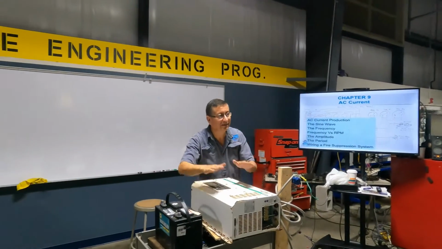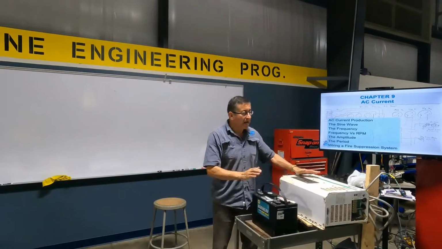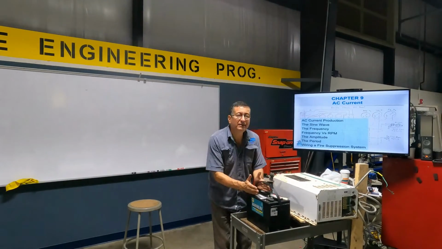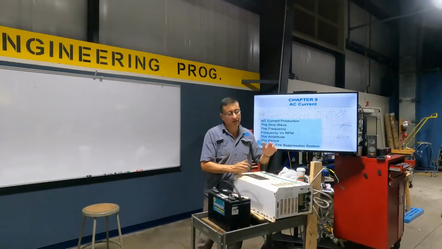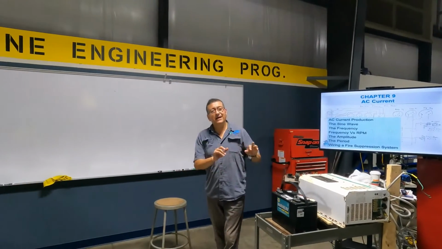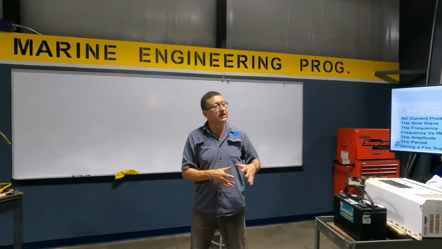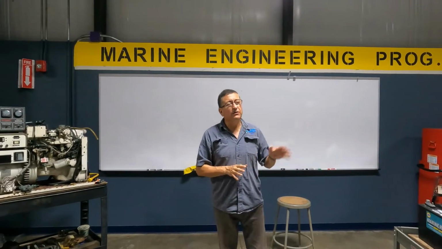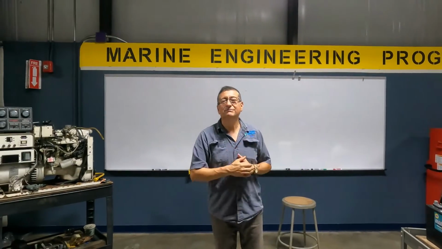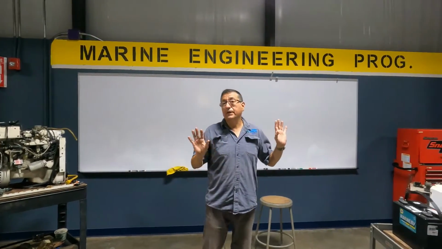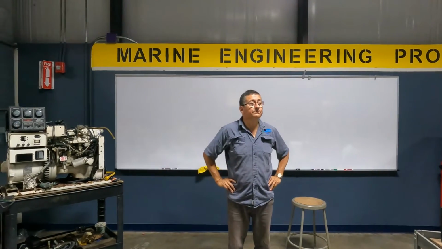This is the inverter. The inverter converts DC into AC. Okay, it's an electronic process. We are going to study that process, with a lot of loss of power. But it's good.